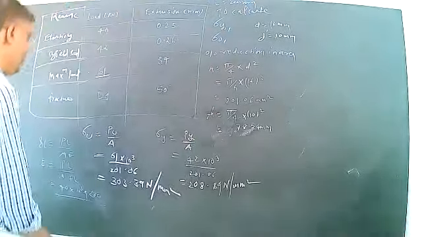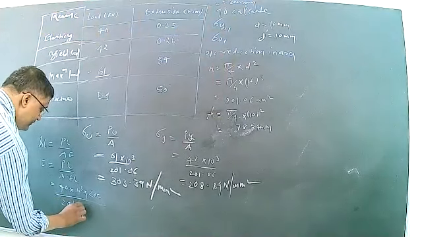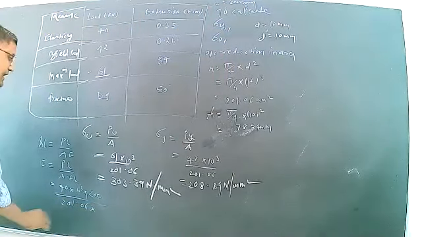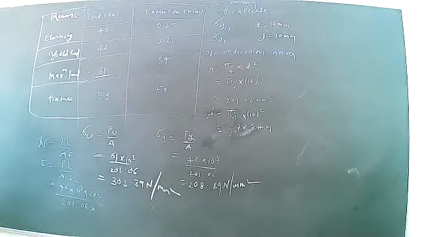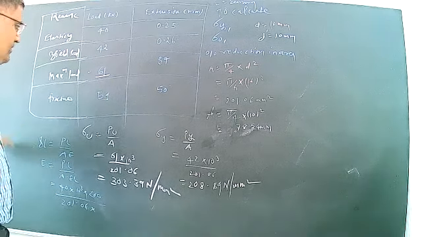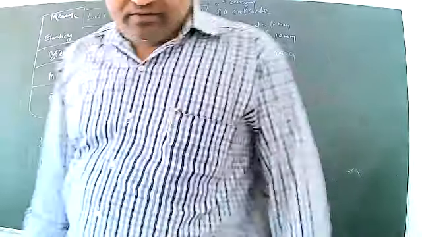The area is already calculated, 201.06 into delta L. You just do the simplification. E is PL upon A into delta L, where delta L is the change in length.